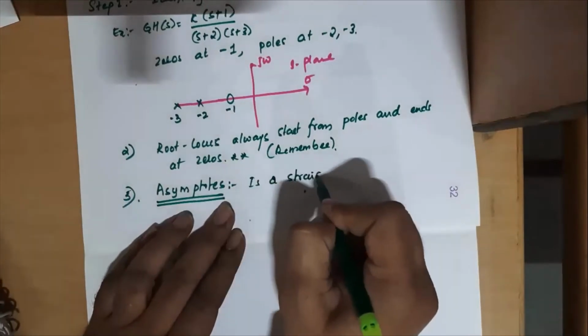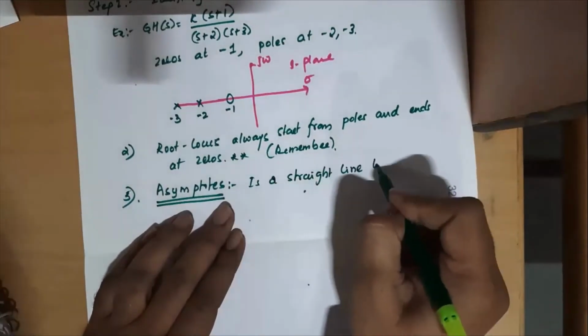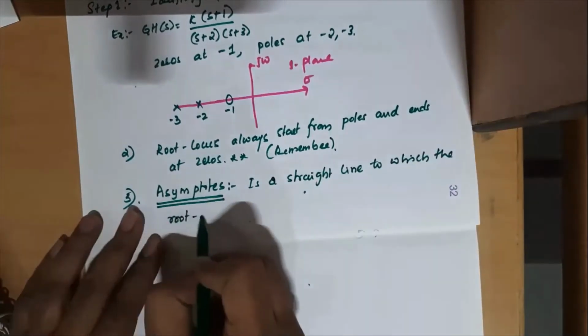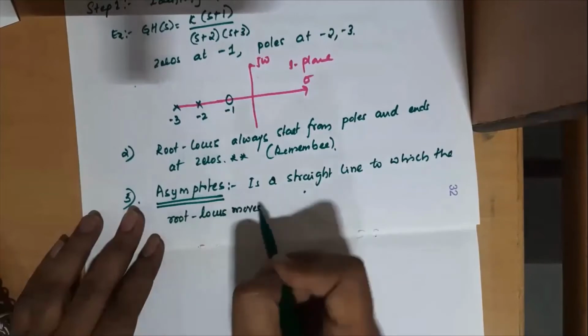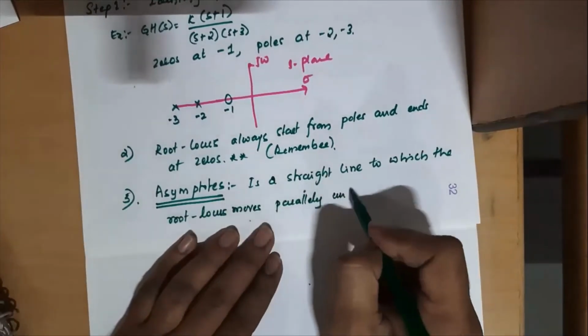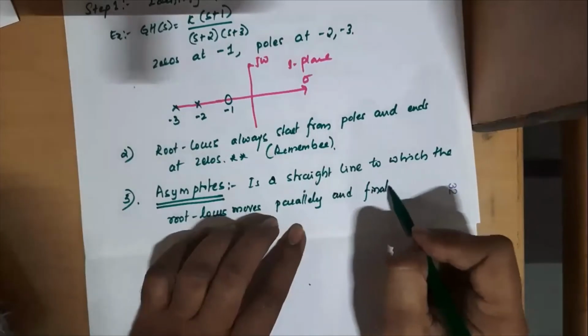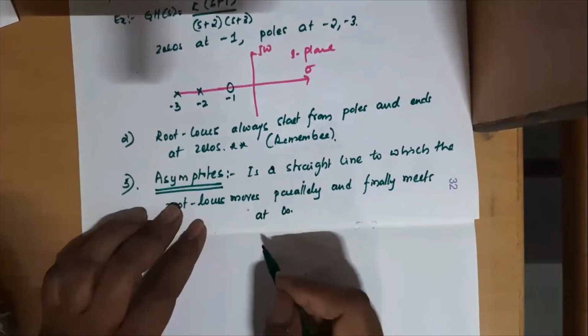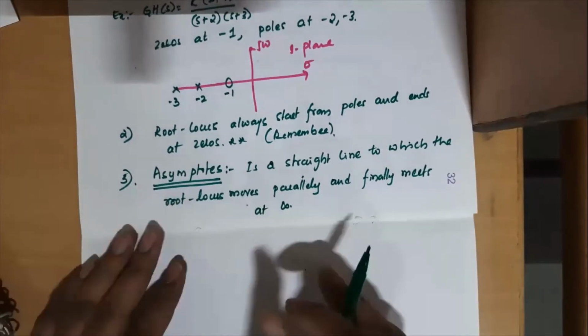It is a straight line to which the root locus moves parallelly, and finally meets at s equal to infinity. Finally meets at either s equal to infinity or just infinity. So this definition has some point here.